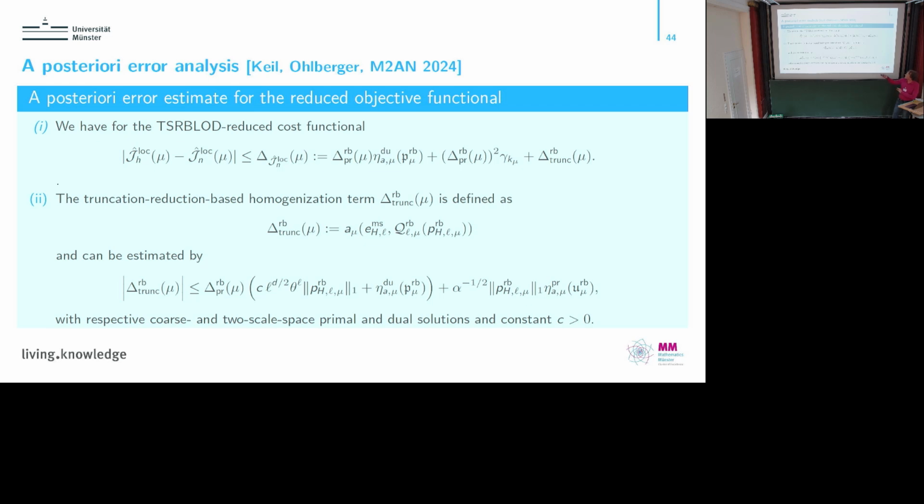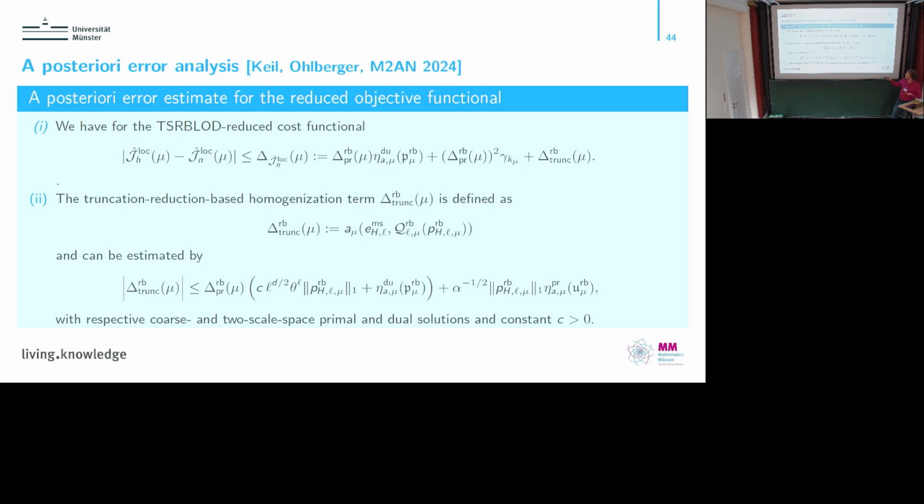And what you also see, so this is the typical what we expect, and then there is some part here, and this is called the truncation part. And this comes from the localization of the LOD, so this part actually is 0 if you would use no truncation of the corrector problems.